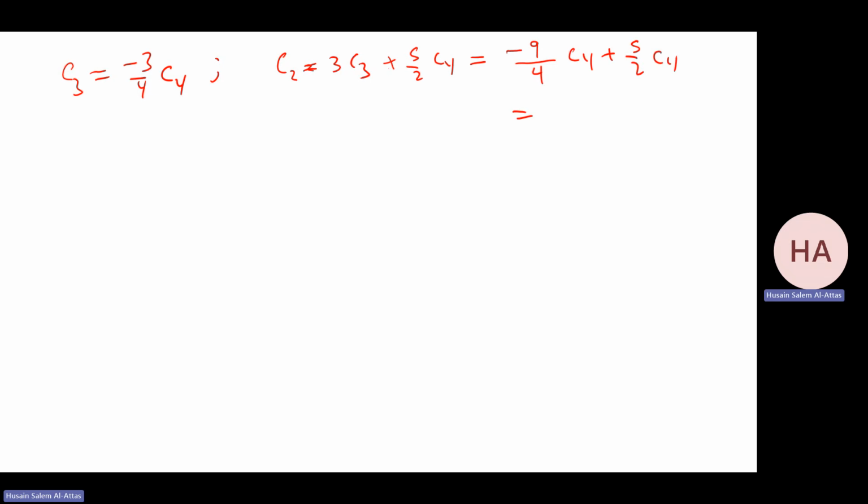I'll write everything in terms of C4, so it means we can find values. And that means this will be 1/4 C4. Multiply by minus 3, that will be minus 9/4.